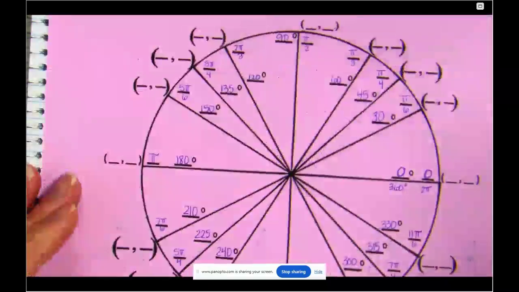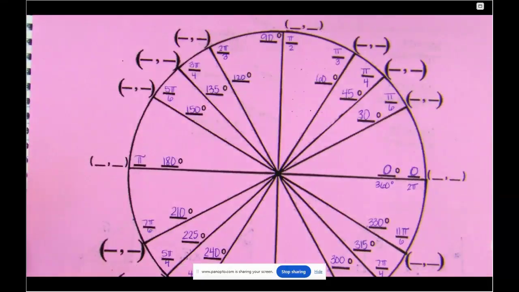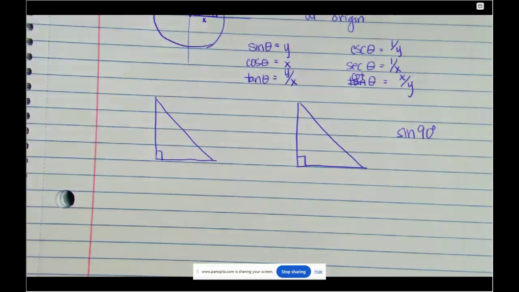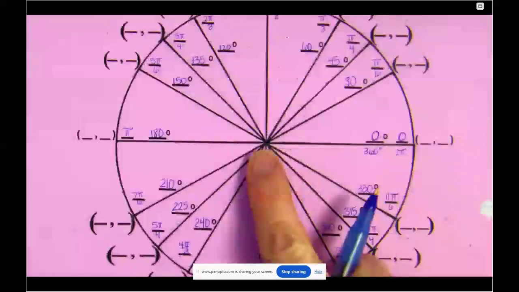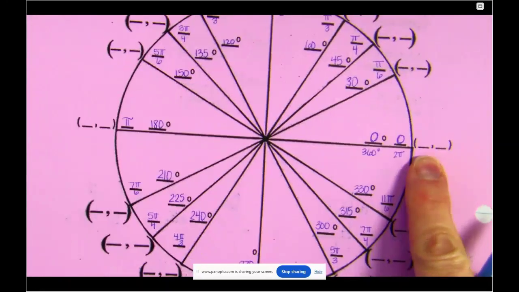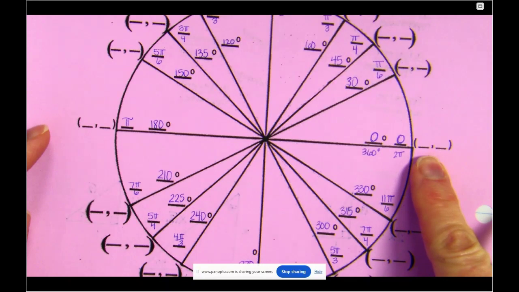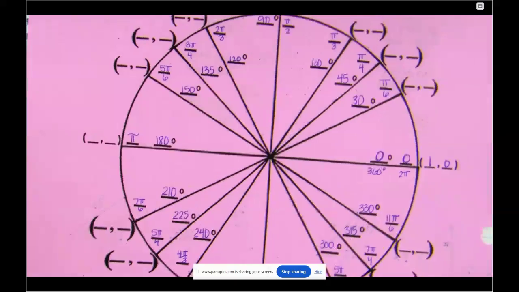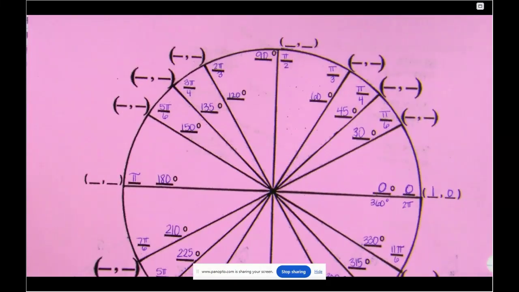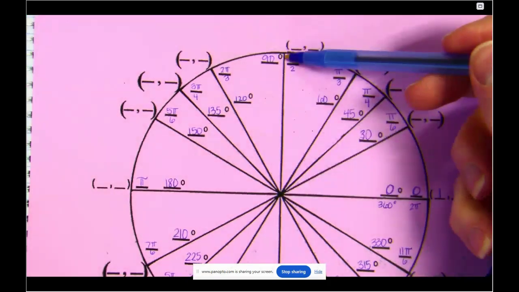So this is the unit circle, which has a radius of, what's his radius? Radius is 1. So if this is a radius of 1, what is this coordinate point? 1, 0. Write it down. Okay, let's go up to the top.